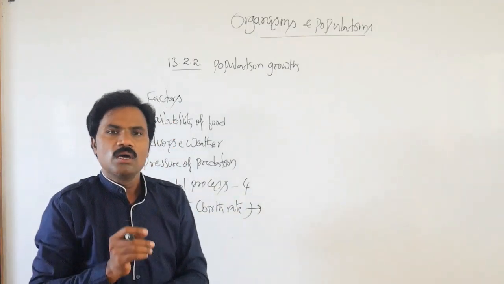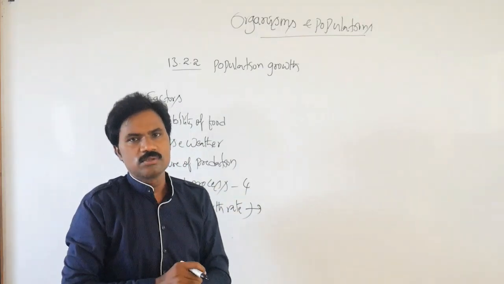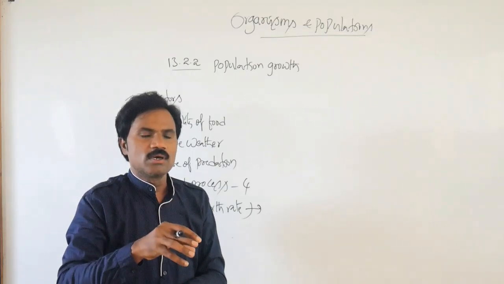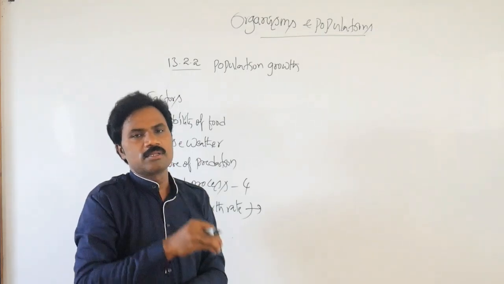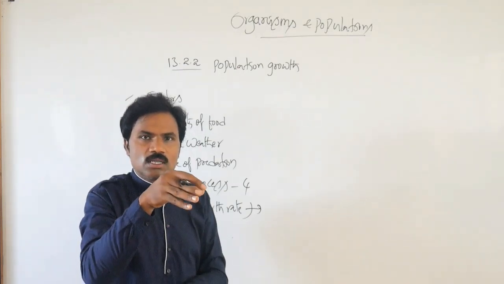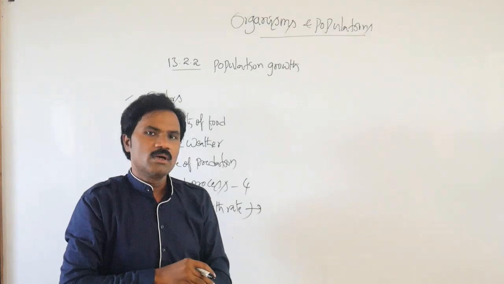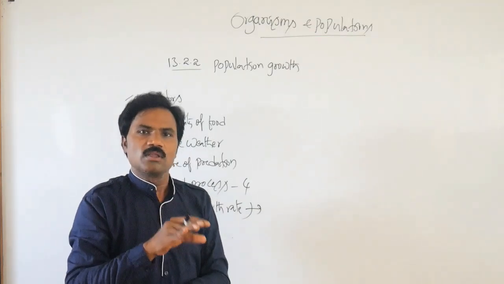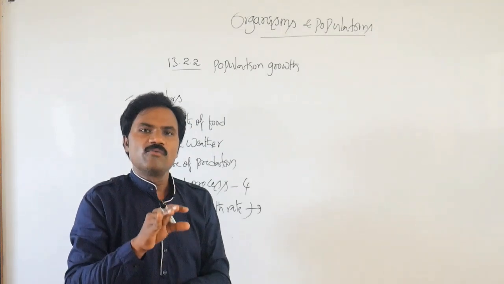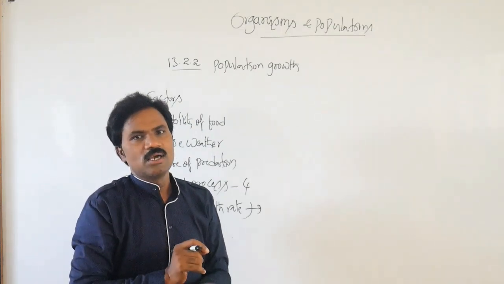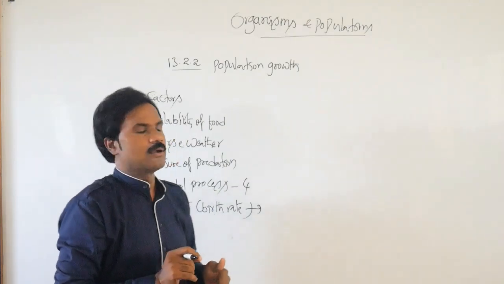In human beings, it is calculated for every 1,000 individuals per year: the number of individuals born in a given population in that specific period of time. Normally, they calculate it once in a decade, once in 10 years.